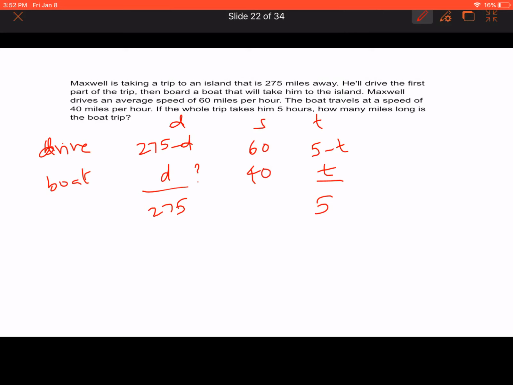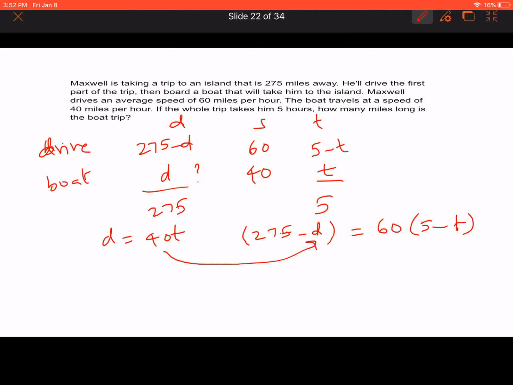So we'll get two equations now. d equals 40t. Another equation is 275 minus d equals 60 times (5 minus t). And you are going to substitute the value here, changing the equation like this, right?